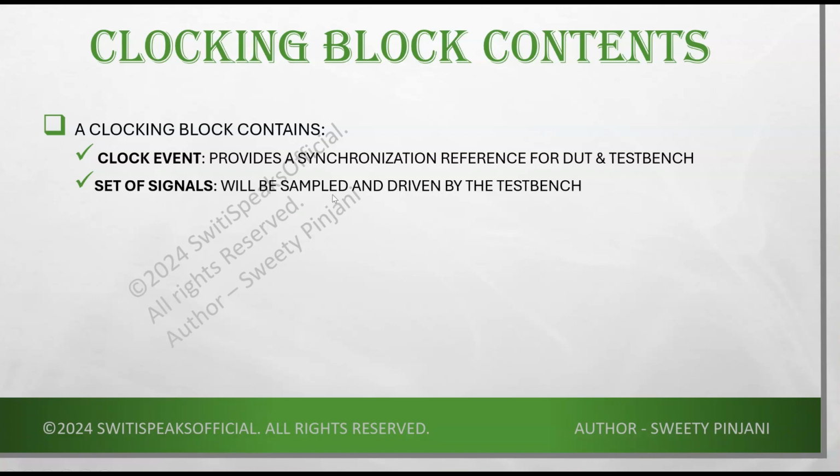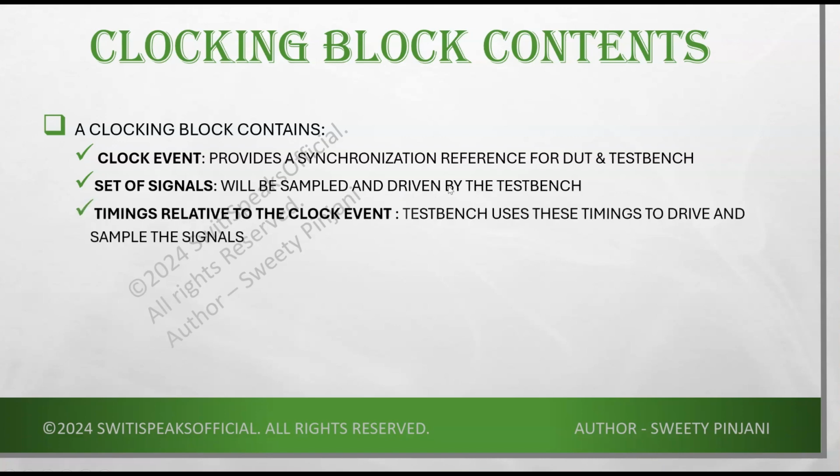So it will be either sampled or driven by your test bench. And then you need to have certain timings relative to the clock event. And these timings are used by the test bench to drive and sample your signals. If it is an output, you will drive it. If it is an input, you will sample it.